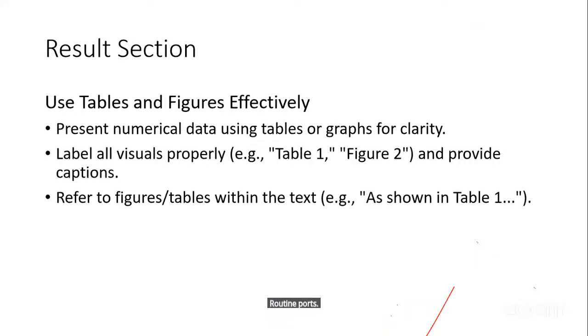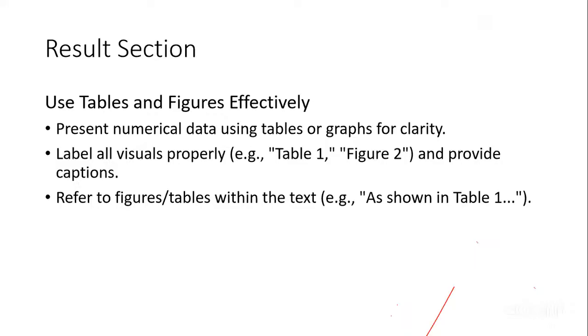So you are going to put key things in your table. Okay? For numerical data, use tables and graphs. And then you are going to number the table or figure: table 1, table 2, figure 1, figure 2.